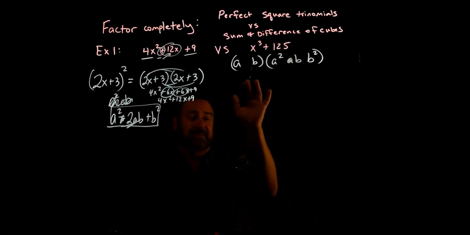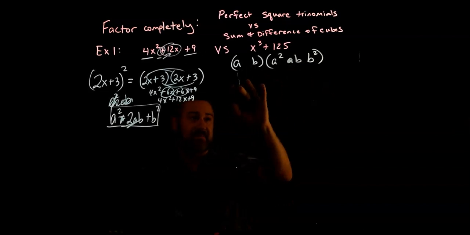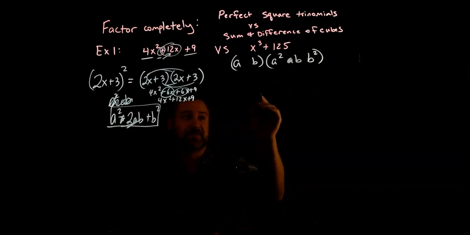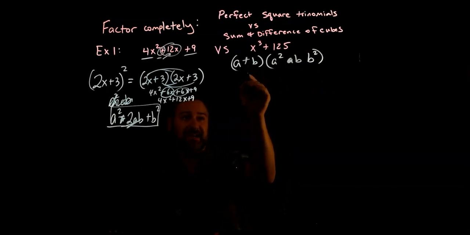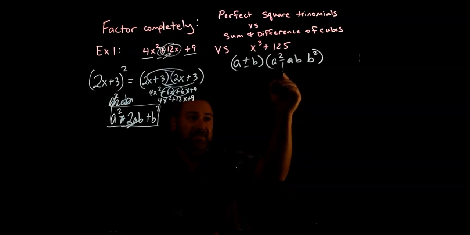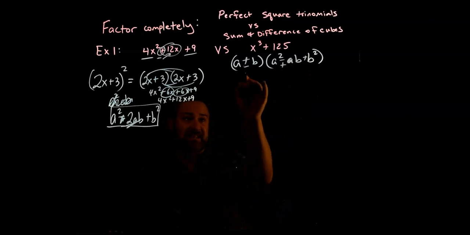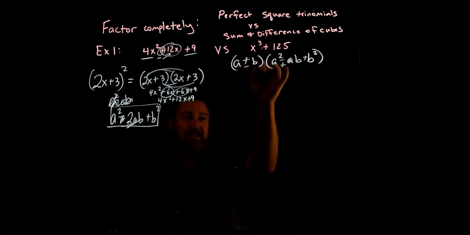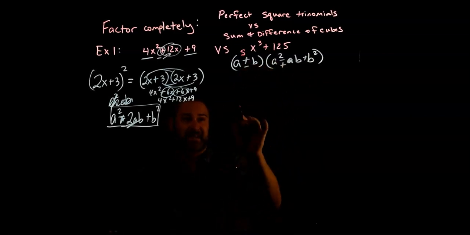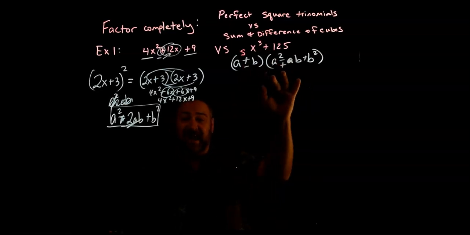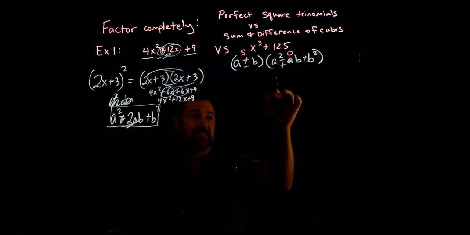And so here's our formula for our setup to factor sum and difference of cubes. Now you might see in your textbook or in notes something that looks like this, which seems kind of intimidating, but what it's saying is the sign for this first one, whatever it is, it should be the same. Then the sign, the connector to AB, should always be opposite.